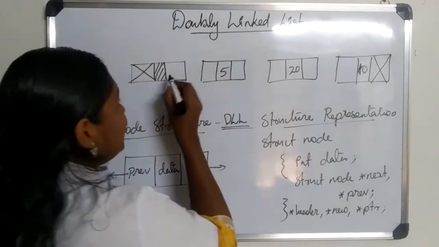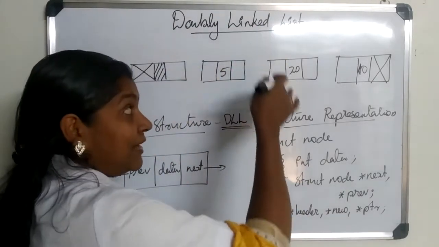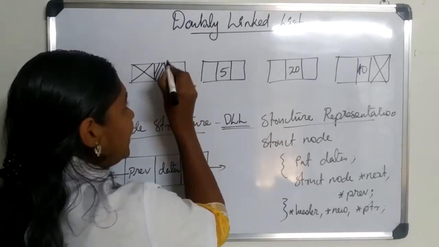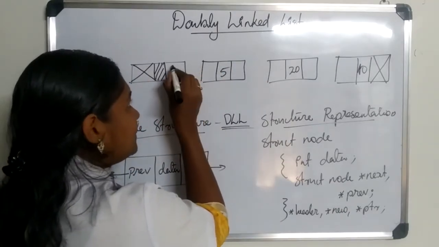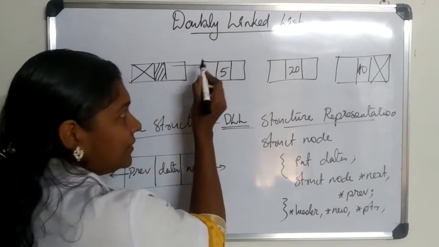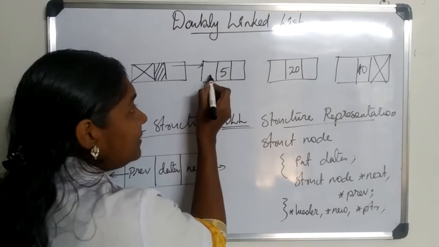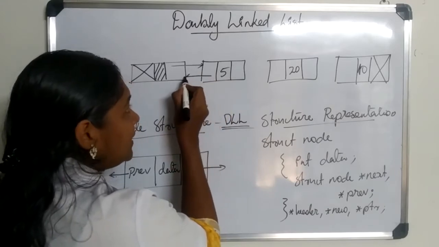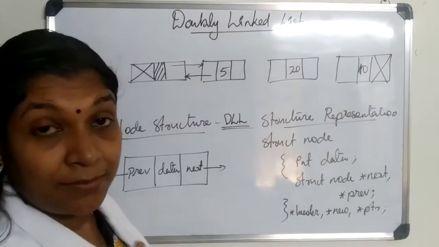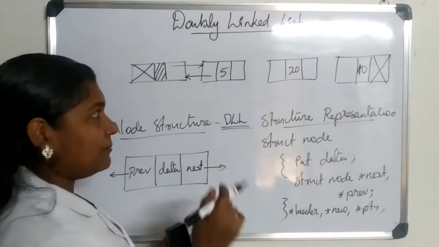Okay. So when we provide the link in a doubly linked list, we must be careful. The next link of this node is pointing to the next node, so it should stop here. Okay, and the previous link part starts from here and it should end here. This is the method by which you are supposed to draw the doubly linked list.